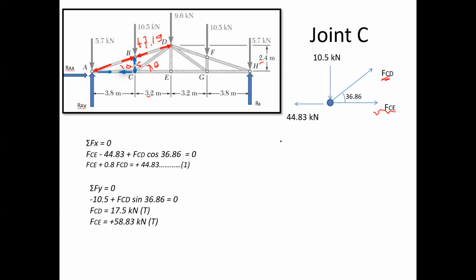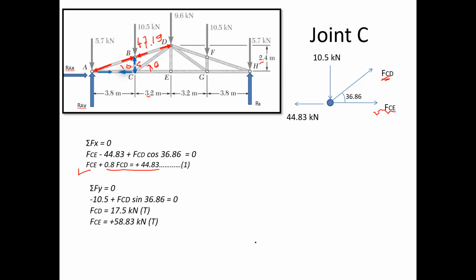Sir, what is the mistake here? The component of FCD plus FCE should be equal to 44.83. Let me check. FCE plus FCD cos 36.86 minus 44.83. What is wrong in this? Is equation number 1 correct? Yes, it is correct. But if we put the value of FCD, 17.5, then 0.8 times 17.5 is 14, and then we get 30.83.